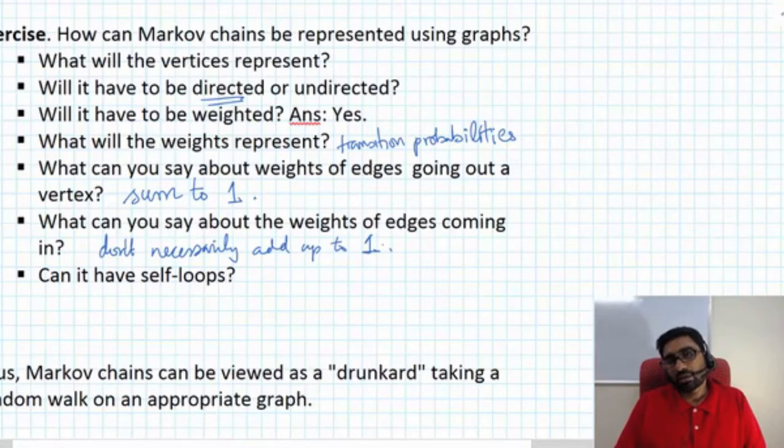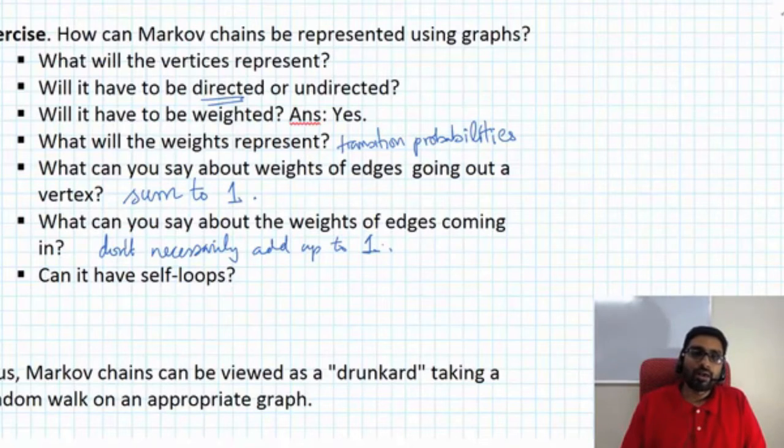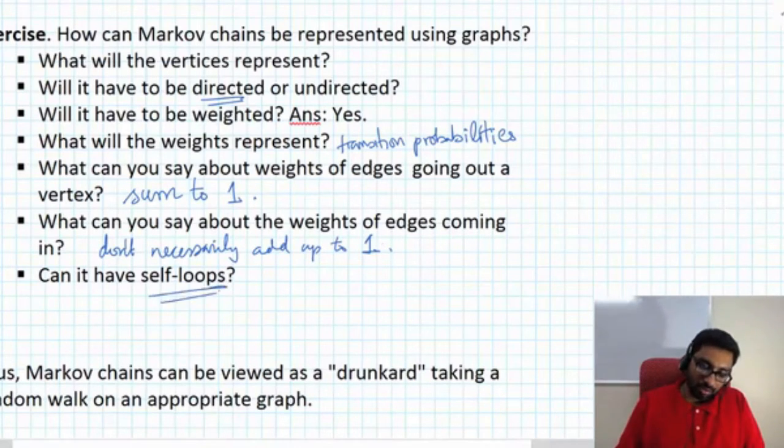And of course, can the graph have self loops? Yes, because there is nothing that says that the Markov chain should necessarily move to another state at each time step. You could have a non-zero probability with which the Markov chain remains in its current state, and these can be modeled using self-loops.